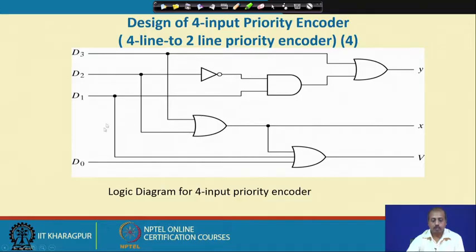Instead of ORing D0, D1, D2, D3 separately, we have already done an OR of D2, D3 for getting the value of x. That has been utilized here for getting the value of V. In this way we can design a very simple logic circuit for realizing this 4 input priority encoder.